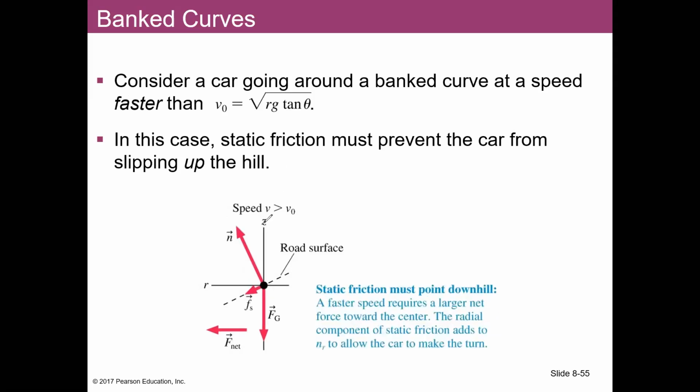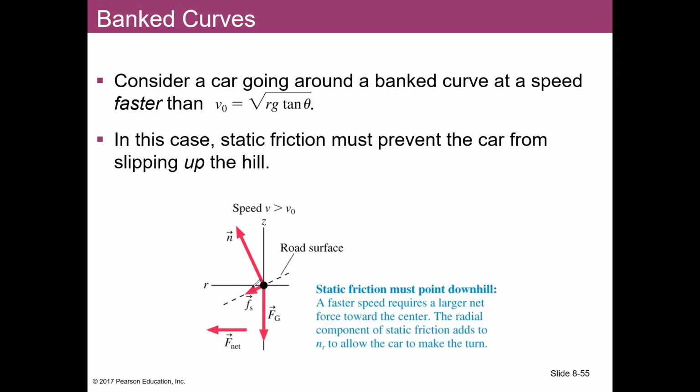When you take the banked curve too quickly, now we have a situation where the surface has to push down on you to keep you from skidding up. And the normal force gets larger still. And there is a maximum speed in this case.